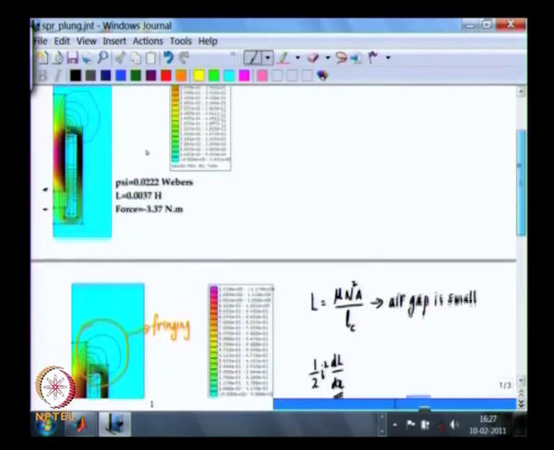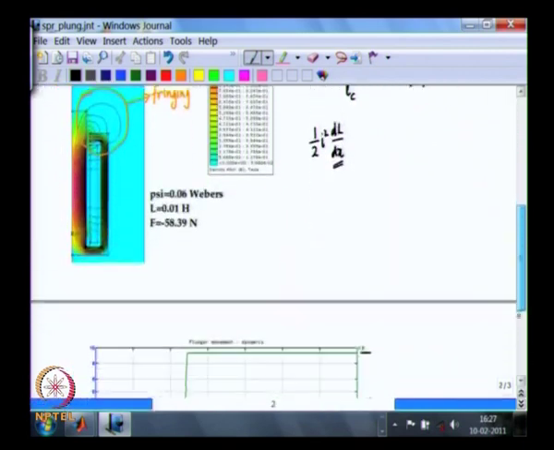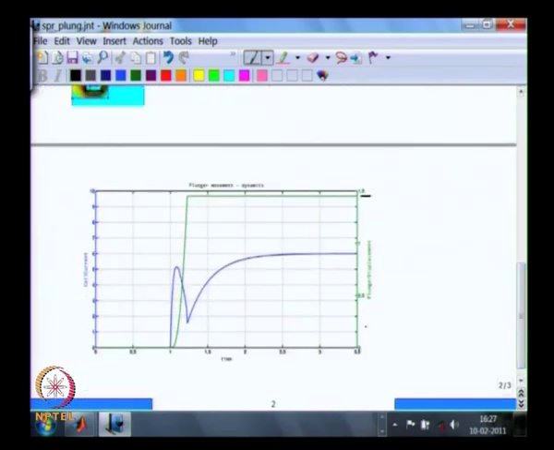So, if you let x equal to 0 be somewhere there, in fact that distance is about 1.5 inches that is considered here, and then energize the system.